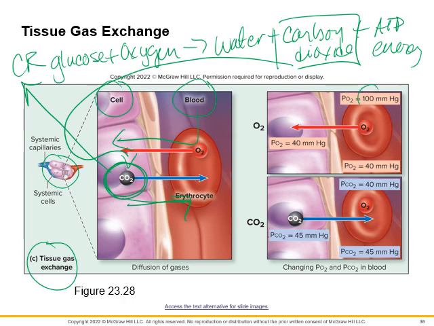Again, they're trying to point out what is actually the driving force for oxygen moving from your blood into your tissue. It all has to do with pressure differences. So moving from high to low pressure is what causes the oxygen to move out. And then the CO2 at 45 moves out into the blood at 40. And that's what causes the carbon dioxide to move from the tissue into the blood.